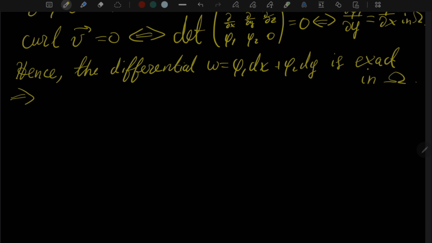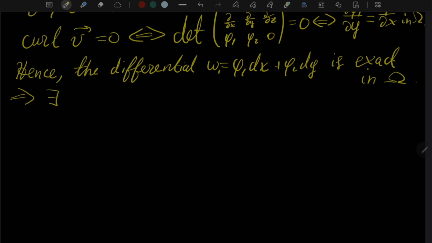Which implies that there exists a twice continuously differentiable function u in omega, such that omega 1, let's call it omega 1, is the differential of u.